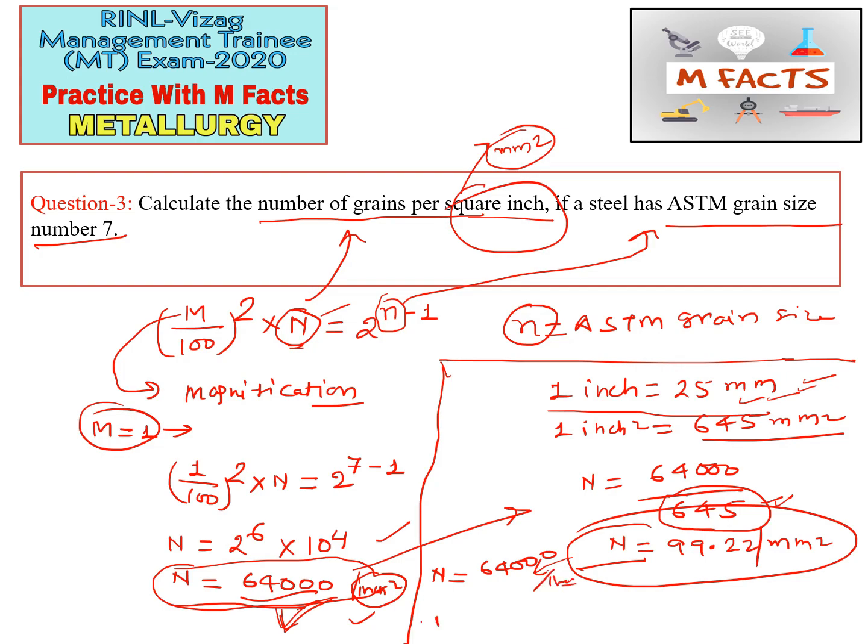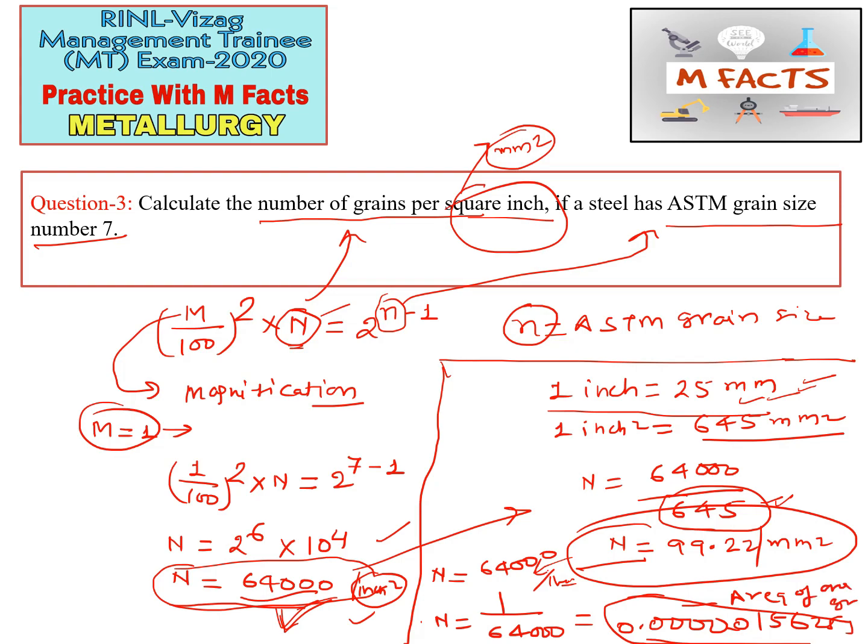If we take the reciprocal of this value, we will get 0.0000156, approximately, in square inches. What does this value denote? This value is the area of one grain.